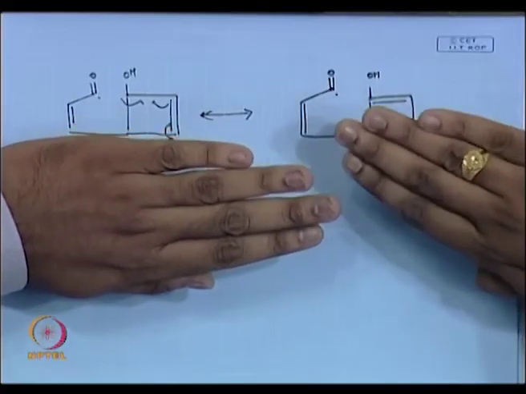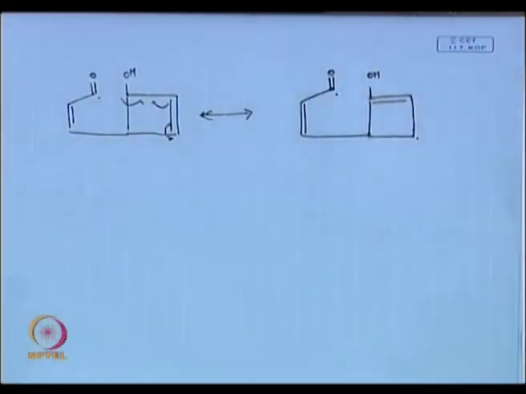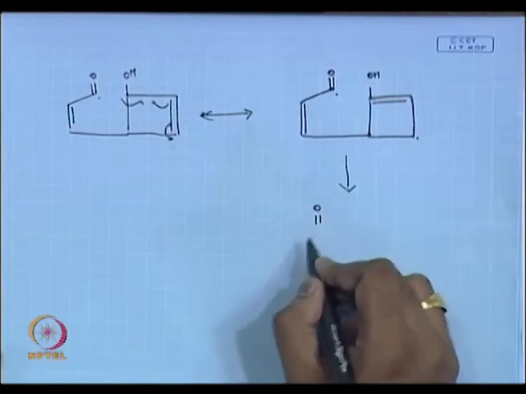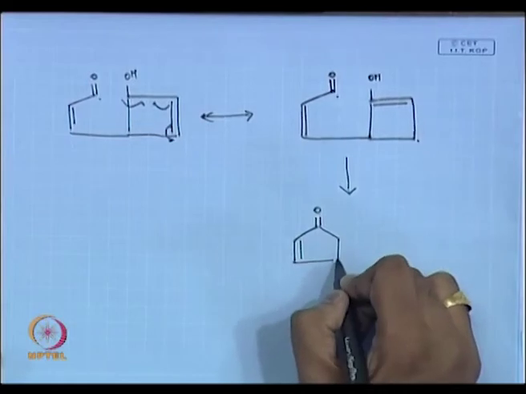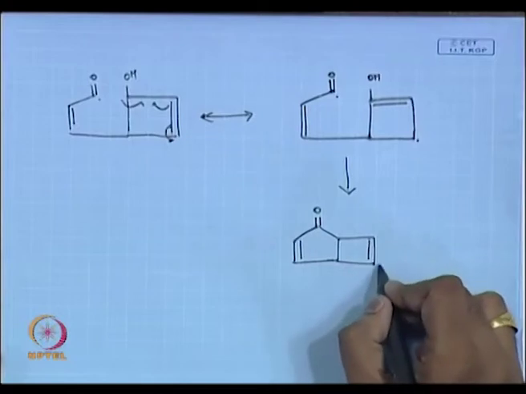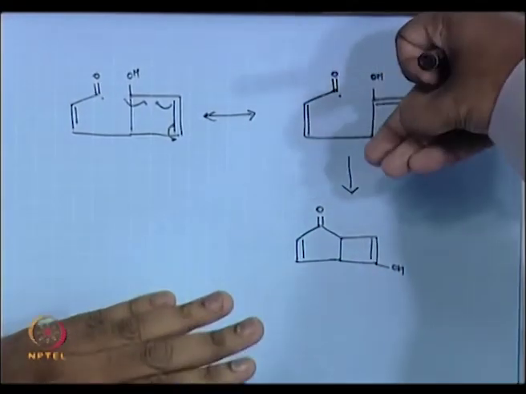If I just rotate this molecule like this, it will be there, and then recombine, what will happen? Just taking this, rotating up and then combining with that.